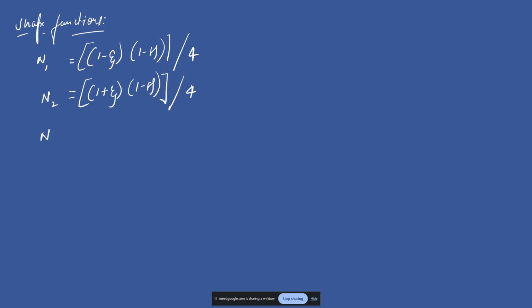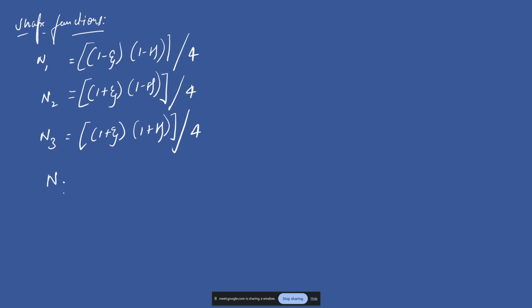And this is N3, (1 plus xi) times (1 plus eta), the whole divided by 4.